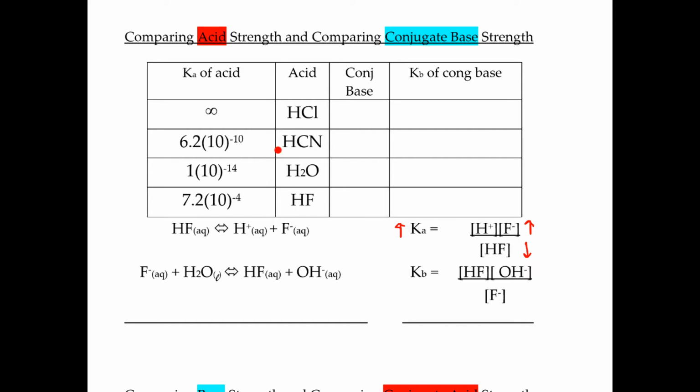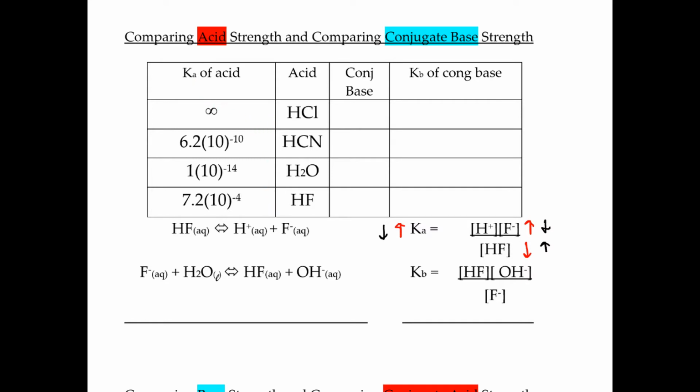But if you were to take something like HCN, hydrocyanic acid, it does not break apart very much, nor does HF, and you can see that this equilibrium is actually going to favor the reactants because it's weak, so therefore it's going to have a very low Ka because it's going to have very few products and a lot of reactants. Okay, so Ka is a quantitative way of understanding how strong an acid is.